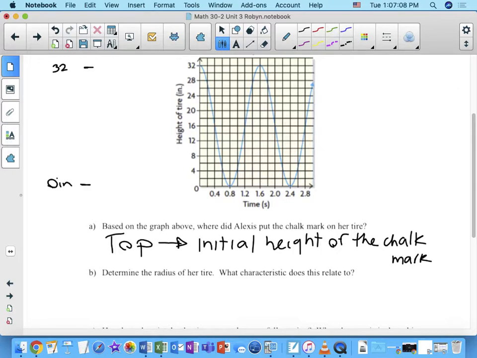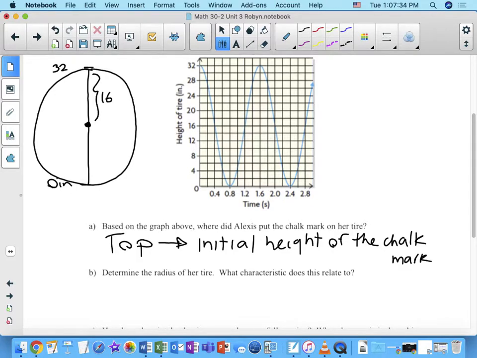And here's the tire. It's supposed to be a circle. What's the radius of that? 16. Yes. Good. 16 inches. Now, what do you think that relates to?